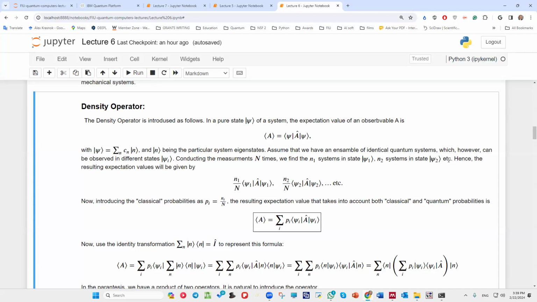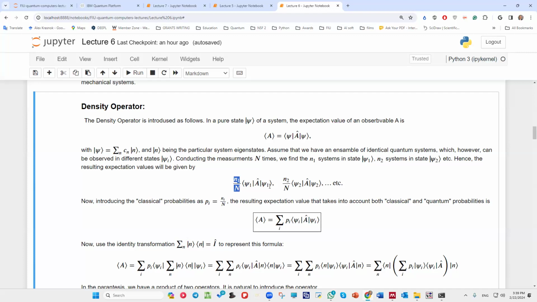So from this experiment, we can introduce a classical probability, which is defined like this, right? The number of times we observe the state psi1 over the total number of measurements in the experiment.